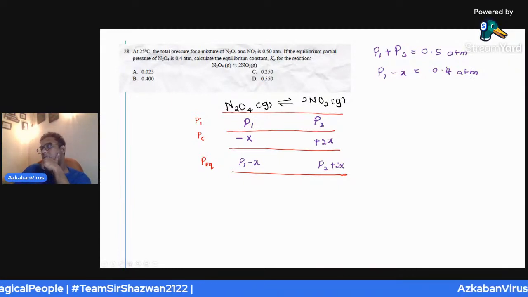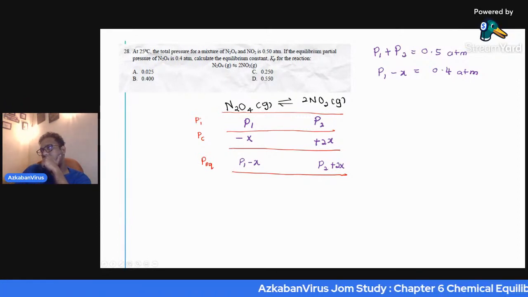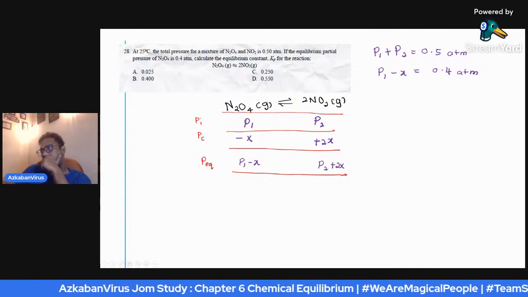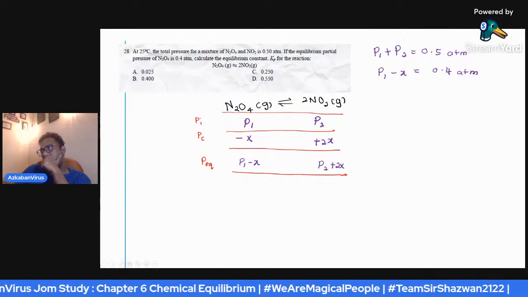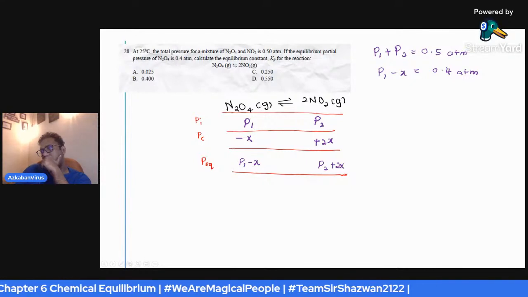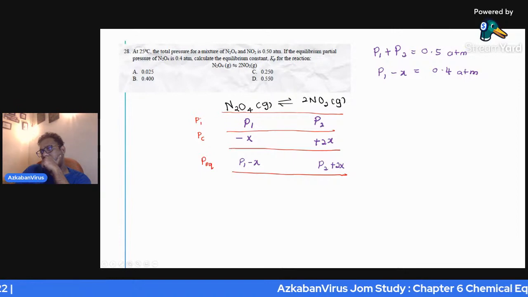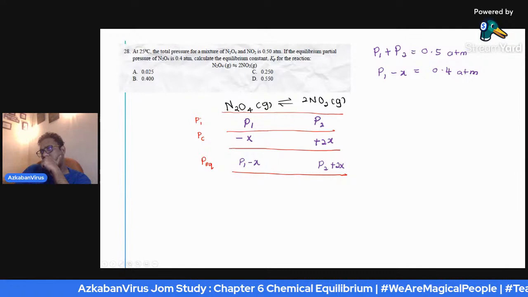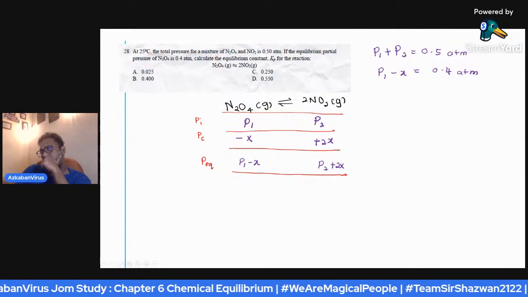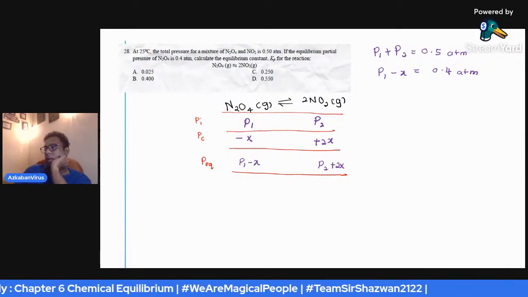So, kita ada banyak constant dekat sini. Okay.